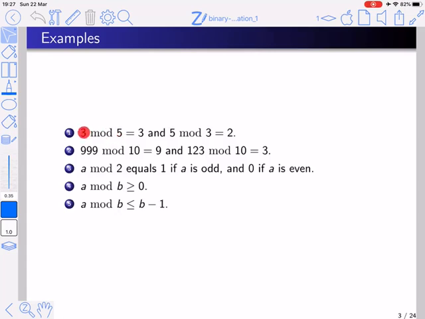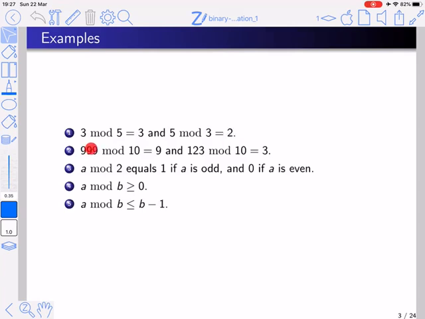Therefore, the quotient is 0, and the remainder is 3. If we take 5 divided by 3, the remainder will be 2, because the quotient will be 1, and we will have 5 minus 1 times 3 equals 2.